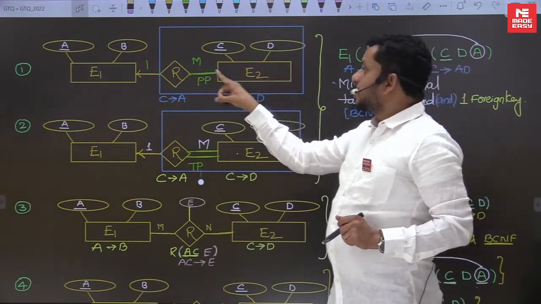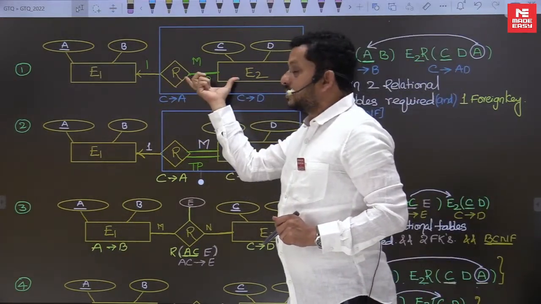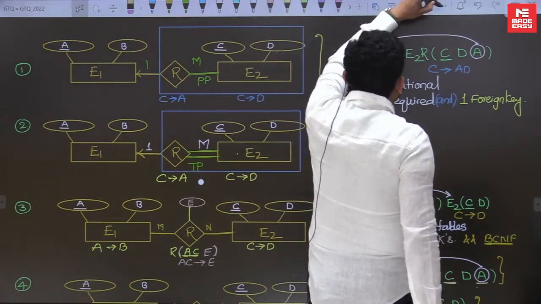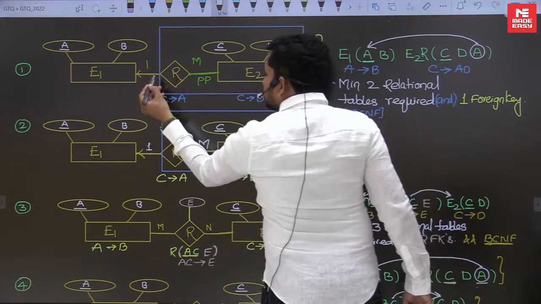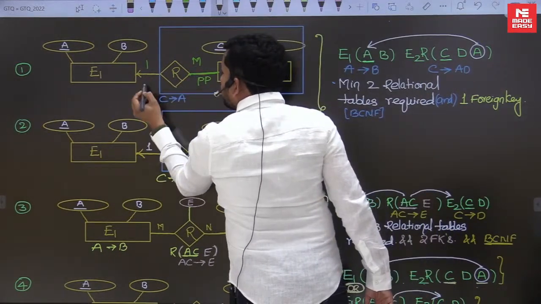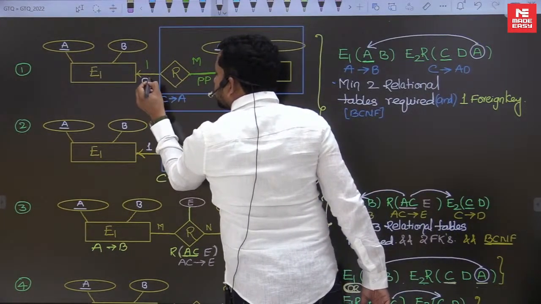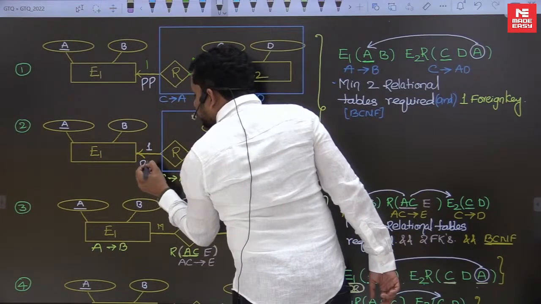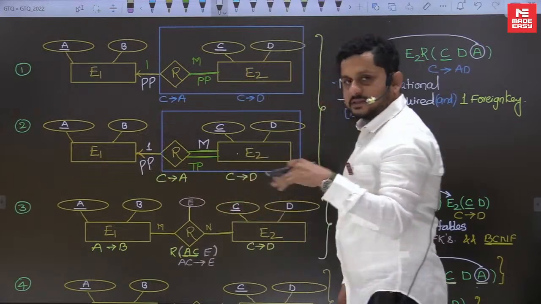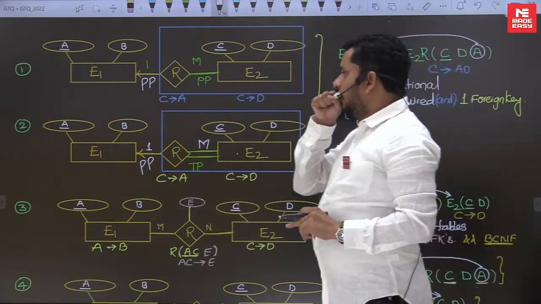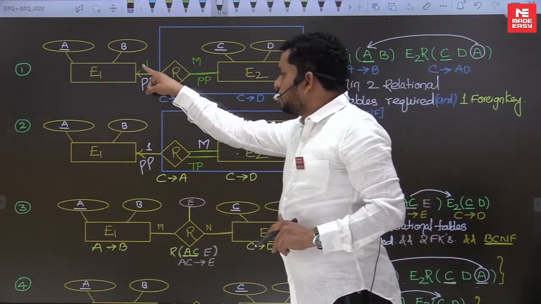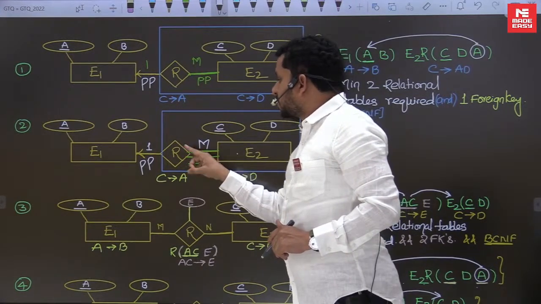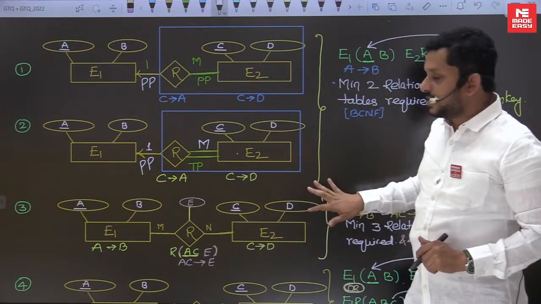So E2 and the relationship can combine into one RDBMS table. In this scenario, we are assuming the left side, the E1 side of the one-to-many, is partial participation. If the left side is total participation, what to do we'll discuss separately in another question.